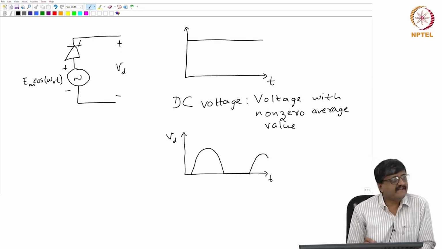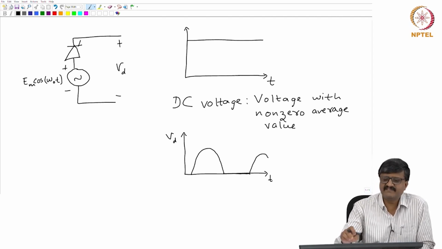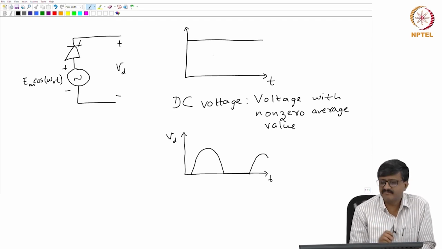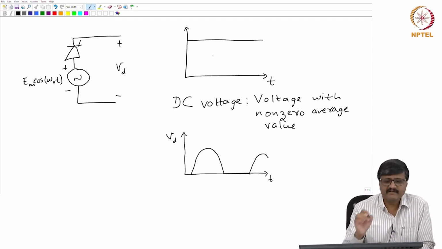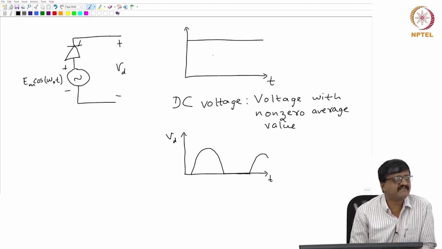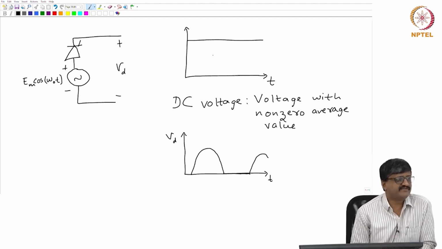So, what I get is a DC voltage, but it is nowhere close to what is desirable. Now, what is desirable is the one that I have shown above. I need a constant DC voltage, but I will not be able to get the constant voltage, but I should make it as close to the desired value as possible. So, how to alter this circuit of the converter in order to get a better DC side voltage?